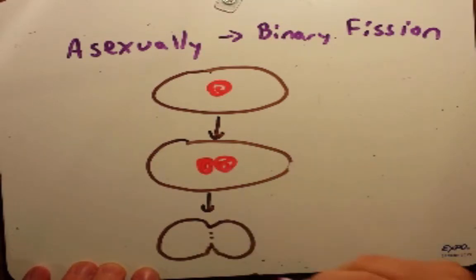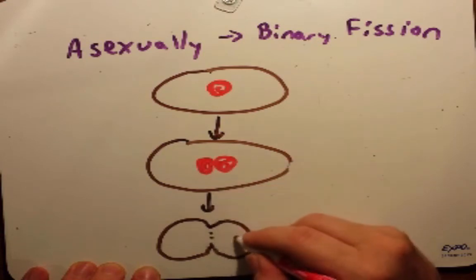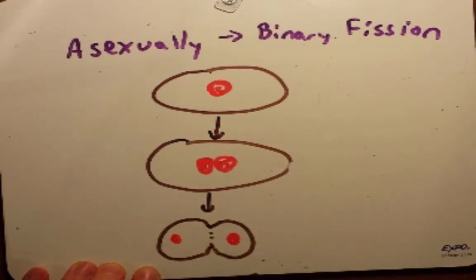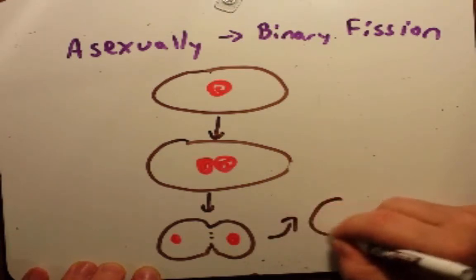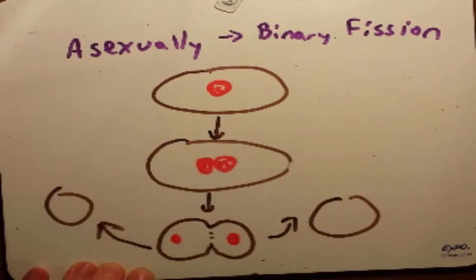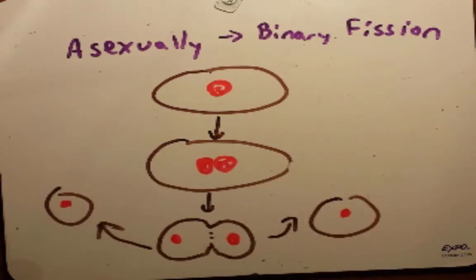And in the division process, the chromosomes that were just copied here end up in either side of the cell. And then eventually they'll complete their division, and you'll end up with a copy of the chromosome in each one. And that's all we need to know about binary fission for now, or for this class anyhow.